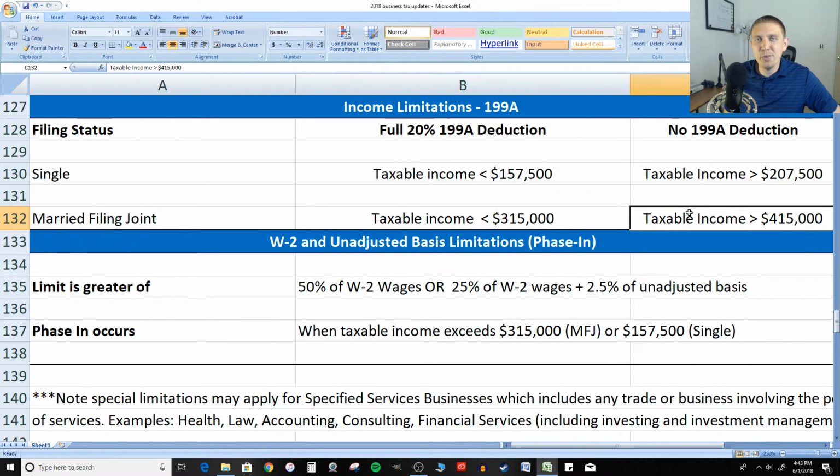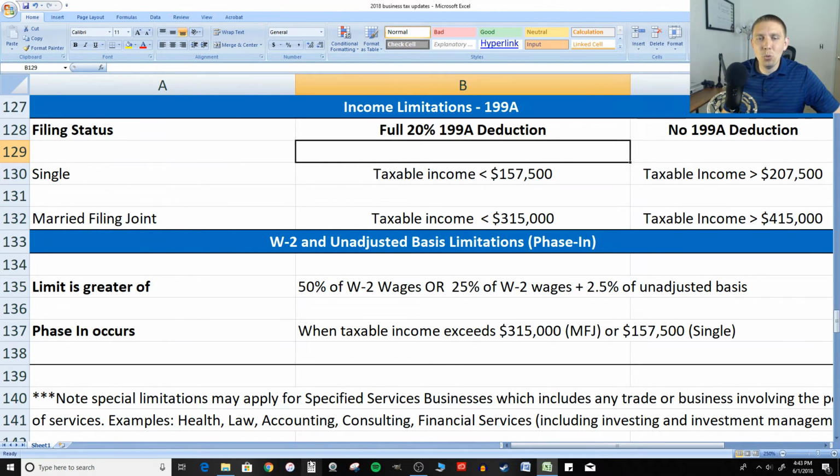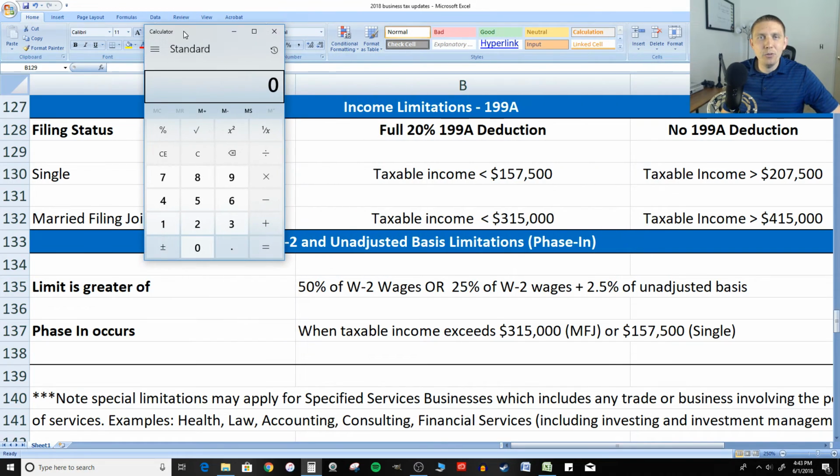Now the good news here, guys, is that this deduction is really awesome. Let's say your taxable business income is $100,000. If you get the 20% deduction, it reduces your taxable business income by $20,000. That's a huge advantage.